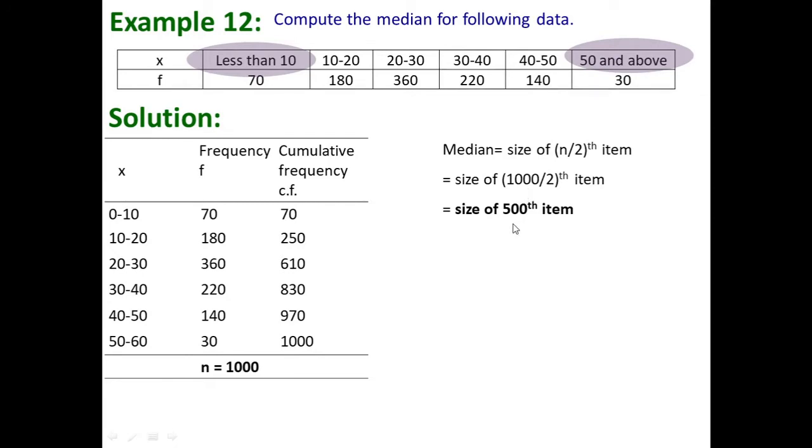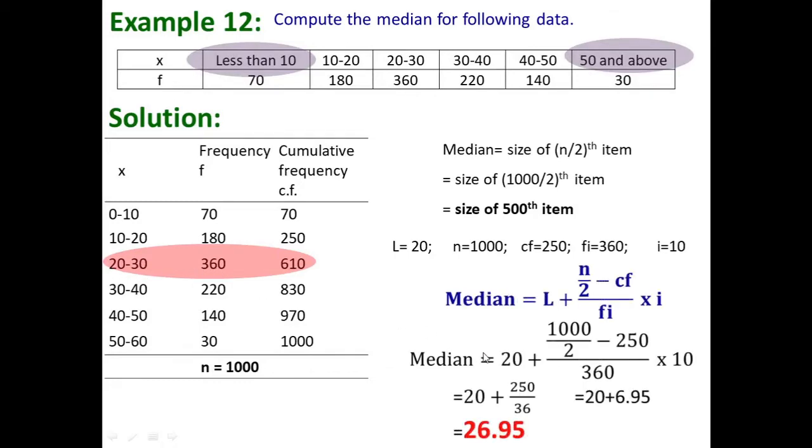Therefore the median will be the 500th item, which will lie in this median class, where L will be 20, n will be 1000, Cf 250, Fi 360 and i will be 10. After putting all these values, we can calculate that the median for this data set will be 26.95.